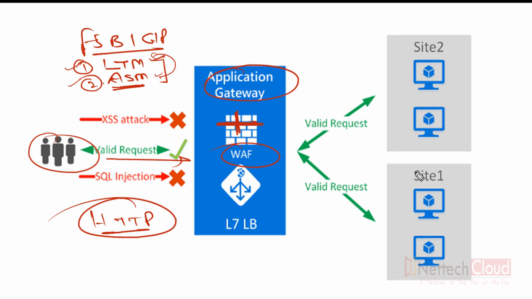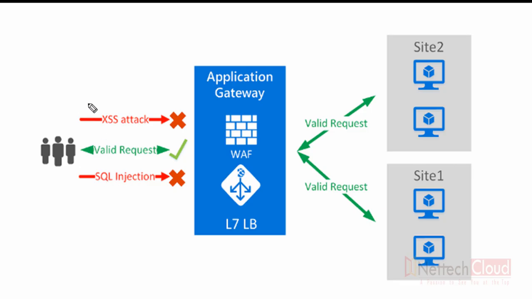So in F5 BIG-IP also, if both modules, LTM and ASM, are provisioned on the same virtual or hardware platform, first the HTTP request is checked whether it is valid or not, and then only internally it is handed over to LTM. The same happens here: whenever any HTTP request hits the gateway, and the gateway has a WAF policy, the WAF policy will kick in first and check whether the request is valid or not.